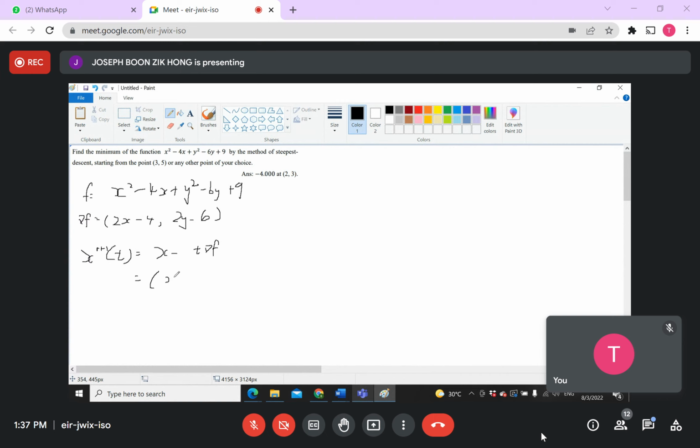So x minus (2tx minus 4t), and y minus (2ty minus 6t). So now you have your x, you have your y. Put your x and y into this one in order to get the g(t).